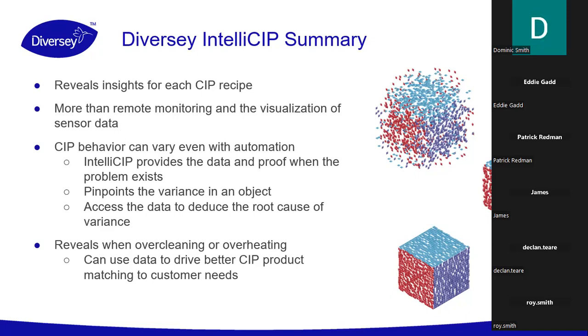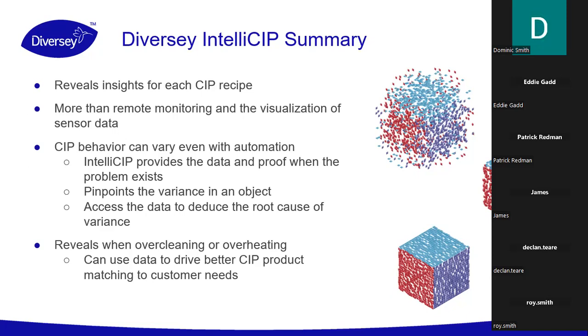water, overusing chemical. So it is more than remote monitoring and visualization of the sensor data, because it hones down into the individual clean, but also compares each clean to itself.